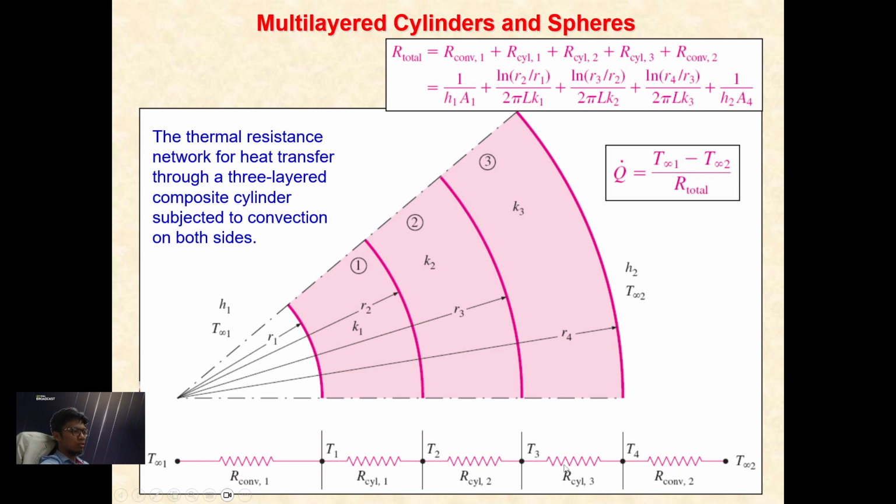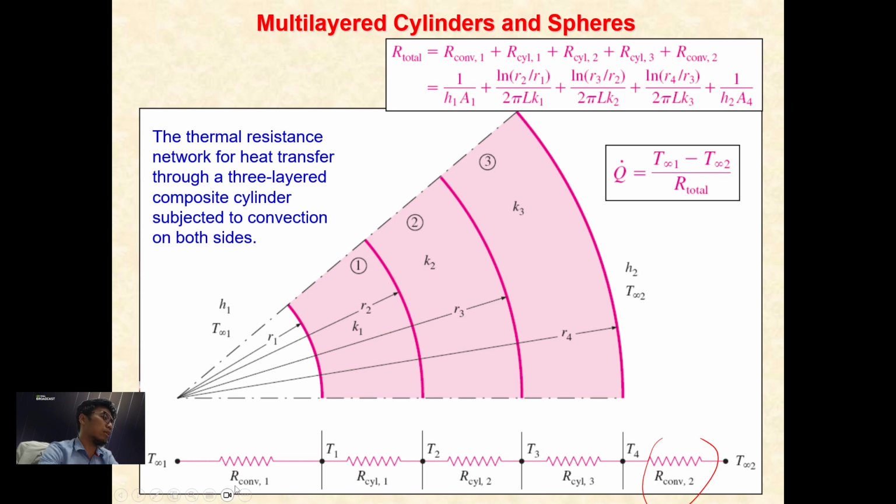The third one usually applies to the insulator, and the last one is convection, where another convection happens. It becomes much easier if you use a thermal resistance network.